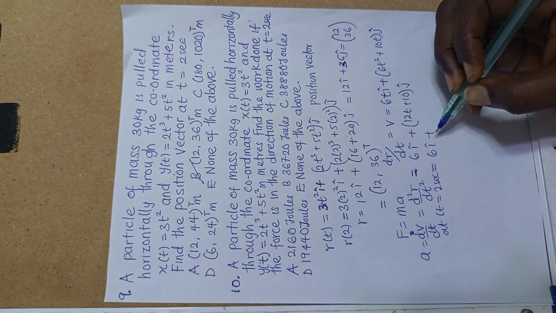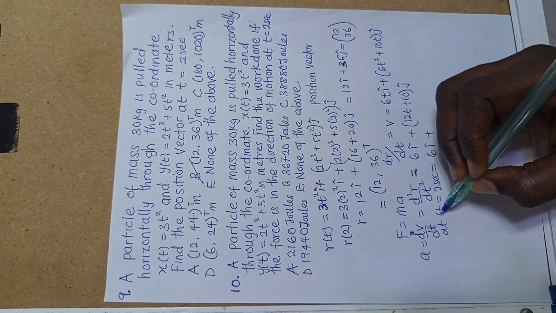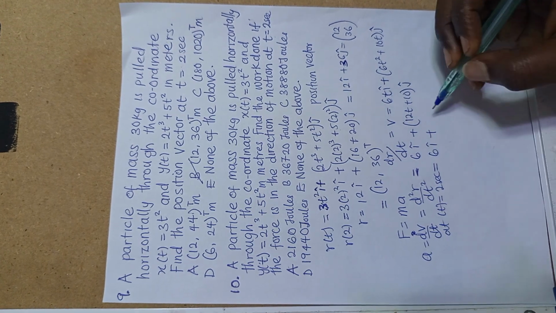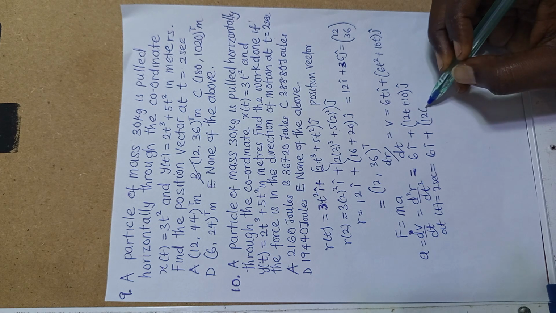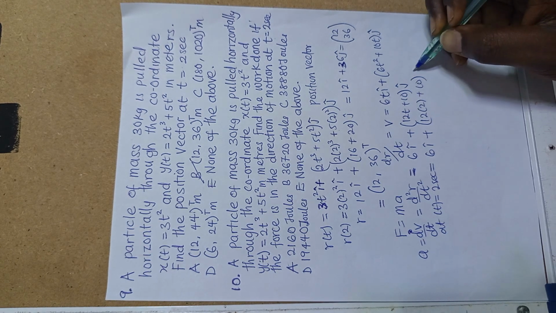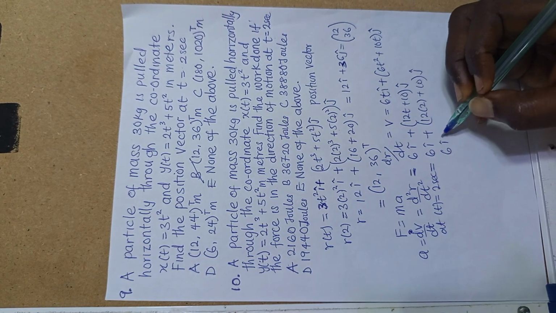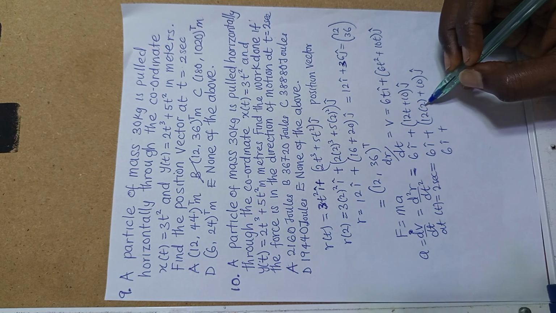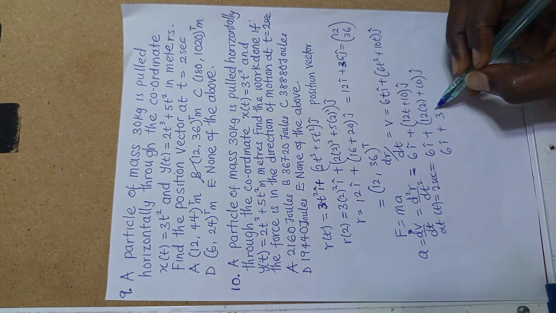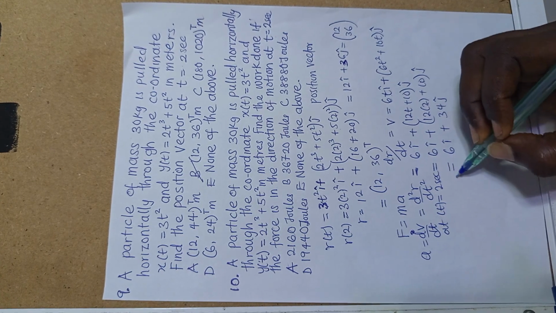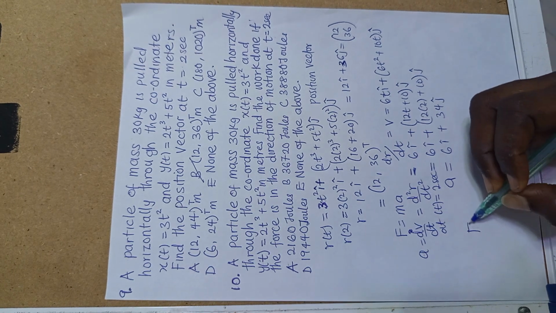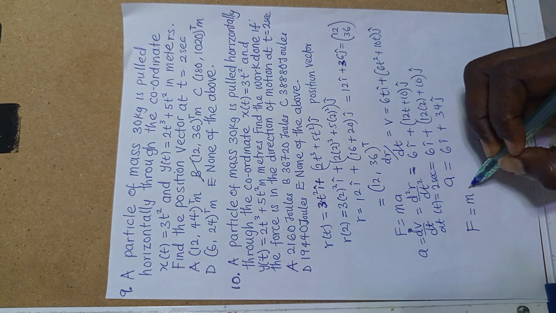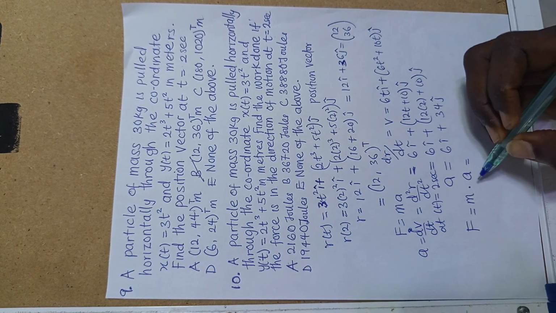So 6i plus, 2 times 12 is 24, plus 10, so this gives us 6i plus 34j. That is the acceleration. To get force, force is the product of mass and acceleration.